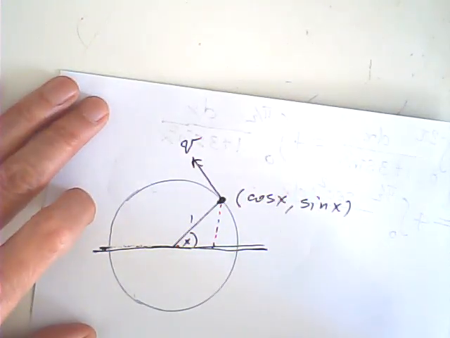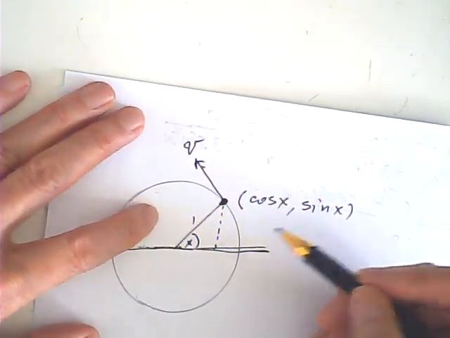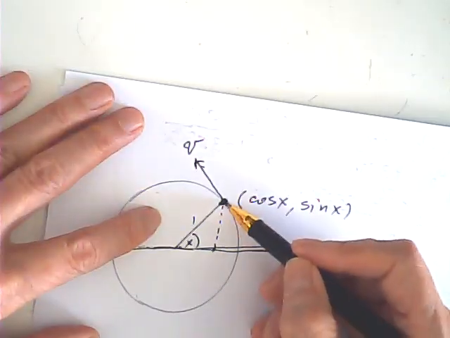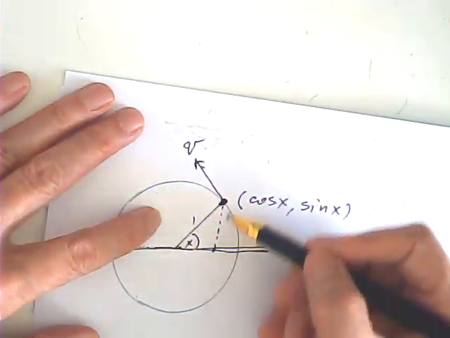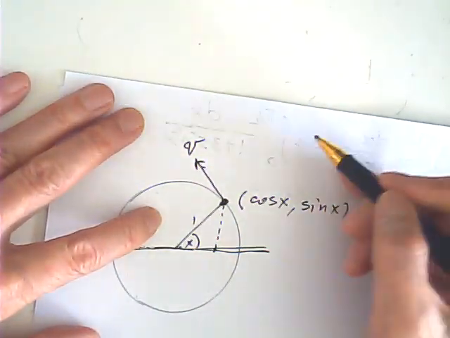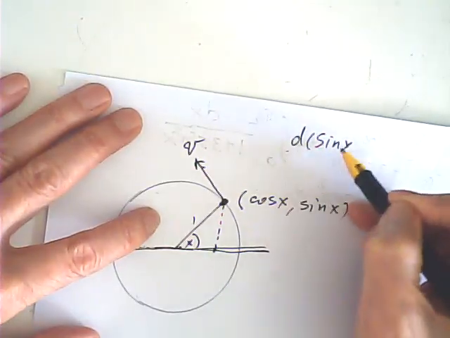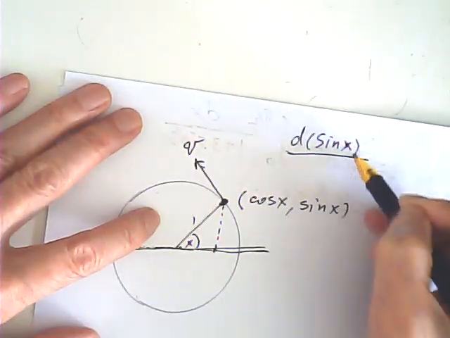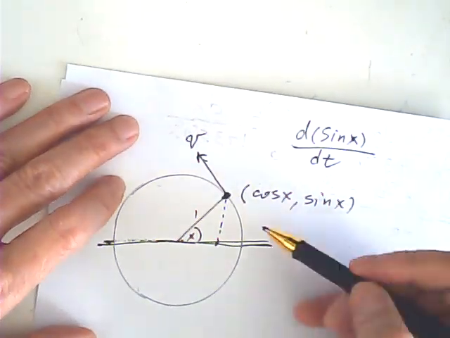Since the speed is uniform, the change of the distance in the y direction is d sine x over dt, right?